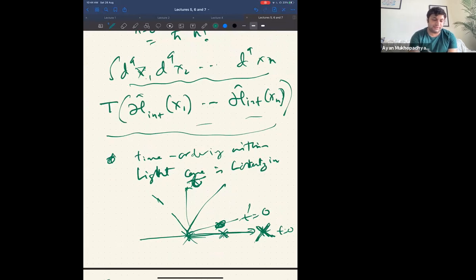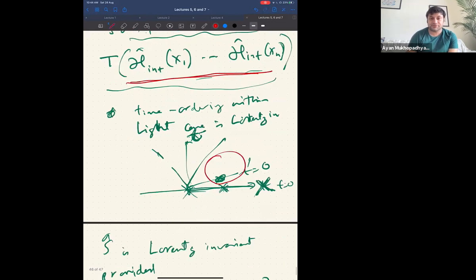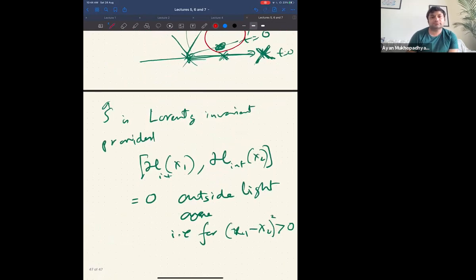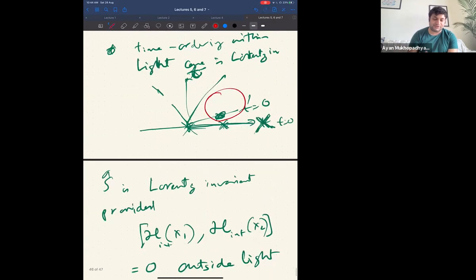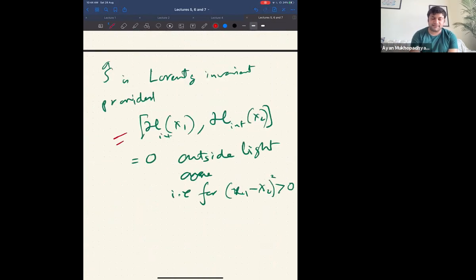Outside of the light cone it will depend on the frame. However, the ordering doesn't matter because the operators commute outside the light cone. If the two operators are not within the light cone, then any kind of ordering will do. So it implies that this comes from causality.